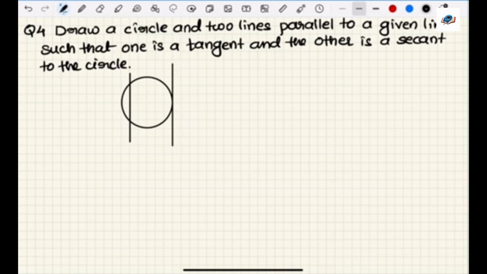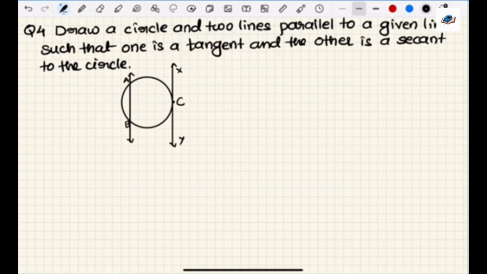Now, I am giving them the name. So, here it is touching at A and B points, and I am showing it with an arrow so that it is a line, and this other line is touching the circle at C point. Let me give the name X and Y to this.